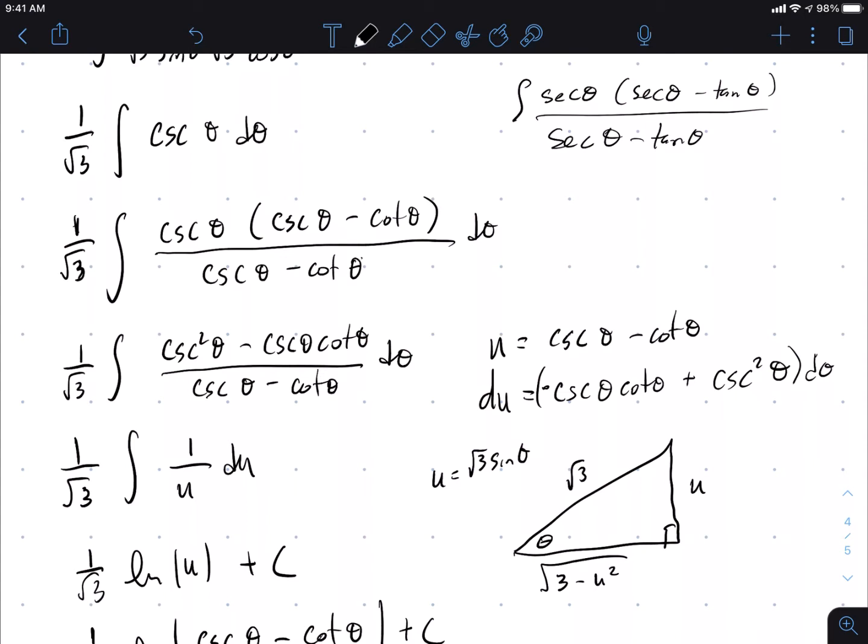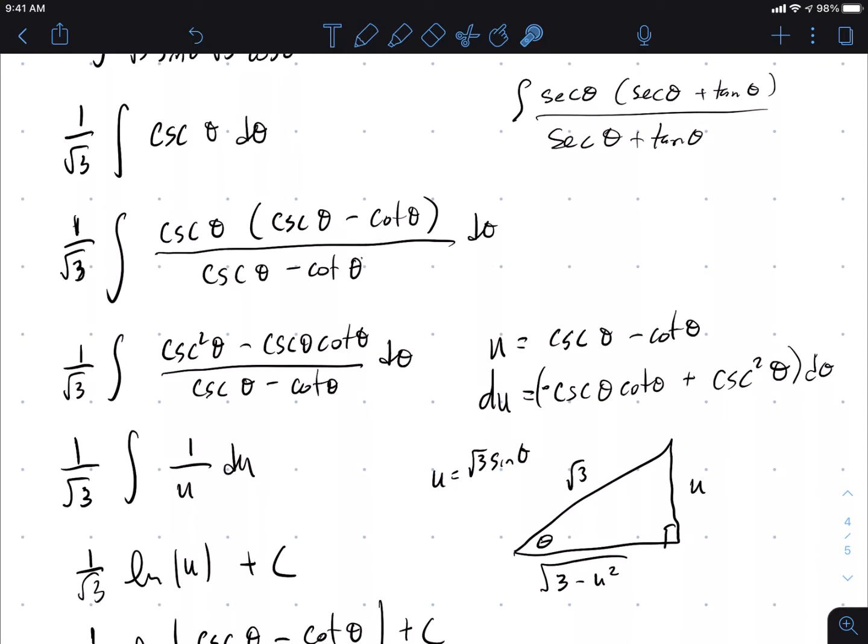Nope, it's plus. So for secant theta, you multiply by secant theta plus tangent theta. The only reason I knew that is because the derivative of tangent is secant squared theta, and that's positive, so I knew this had to be a plus. That's the trick for secant.